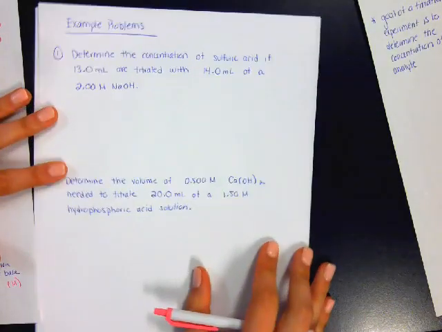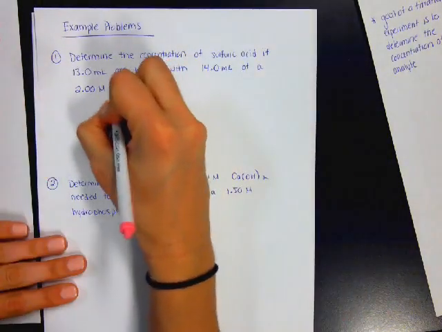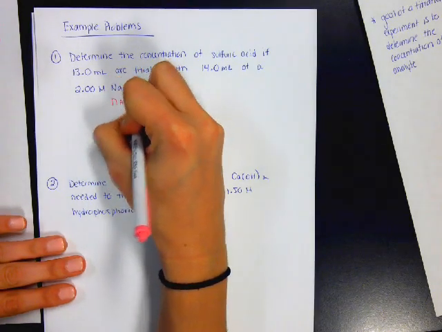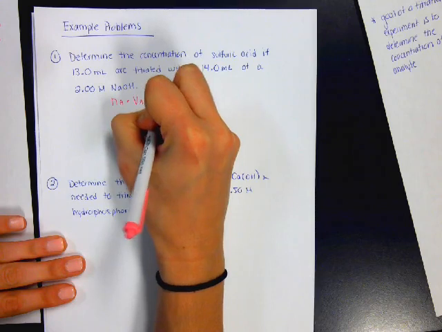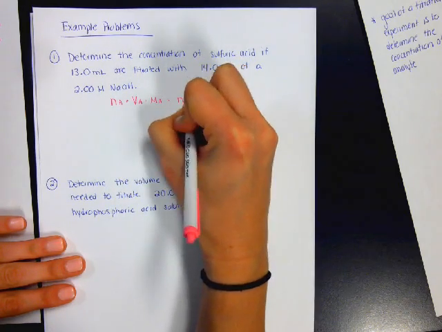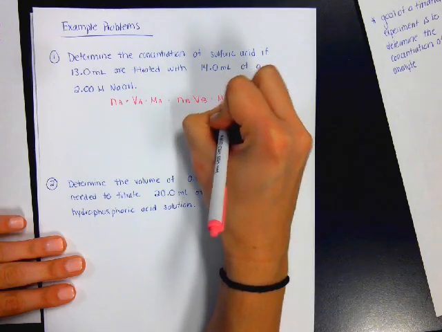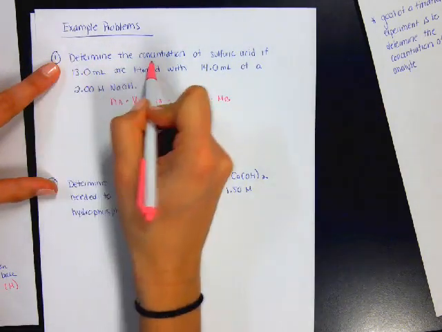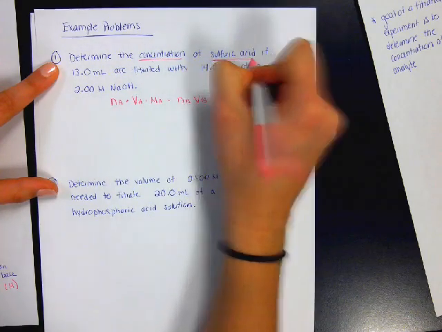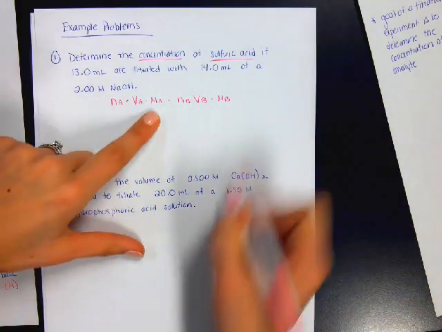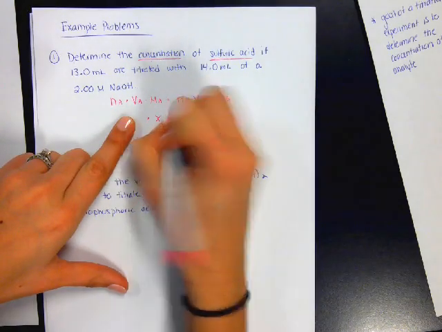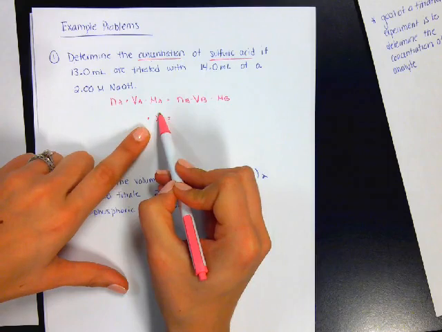All right. So I'm going to go ahead and put my equation up here so that I know what I'm plugging into. All right. So it says determine the concentration of sulfuric acid. So I need the concentration of sulfuric acid. Because it's an acid, the concentration of my acid is unknown.